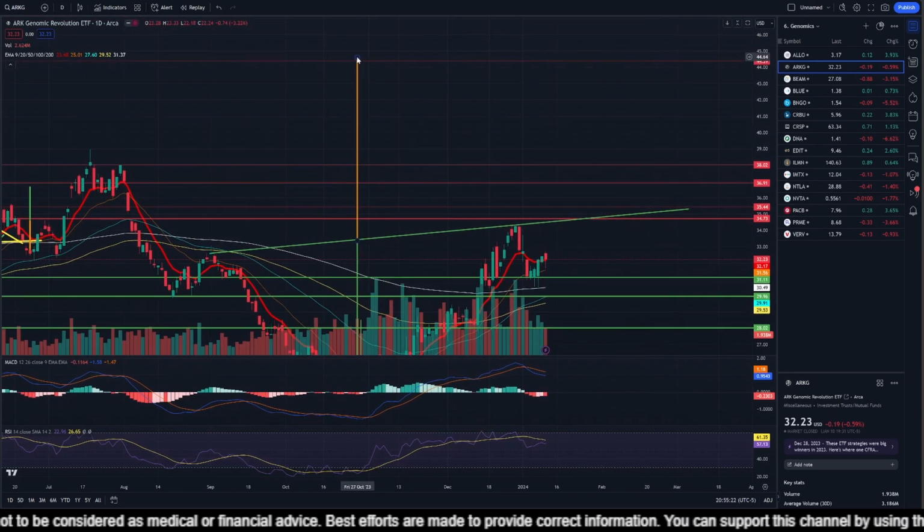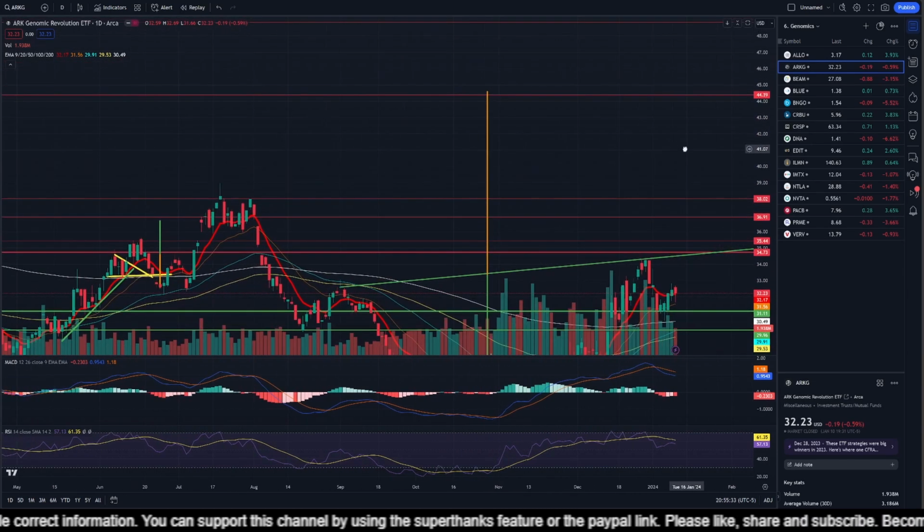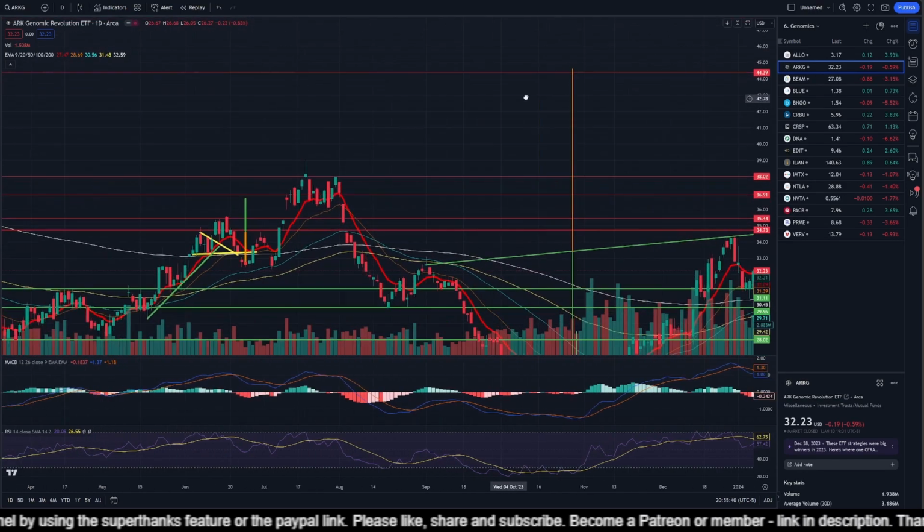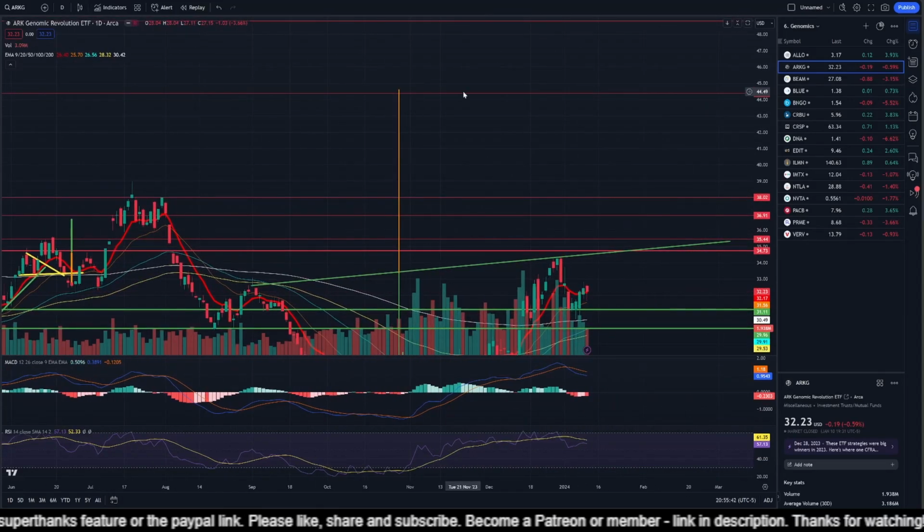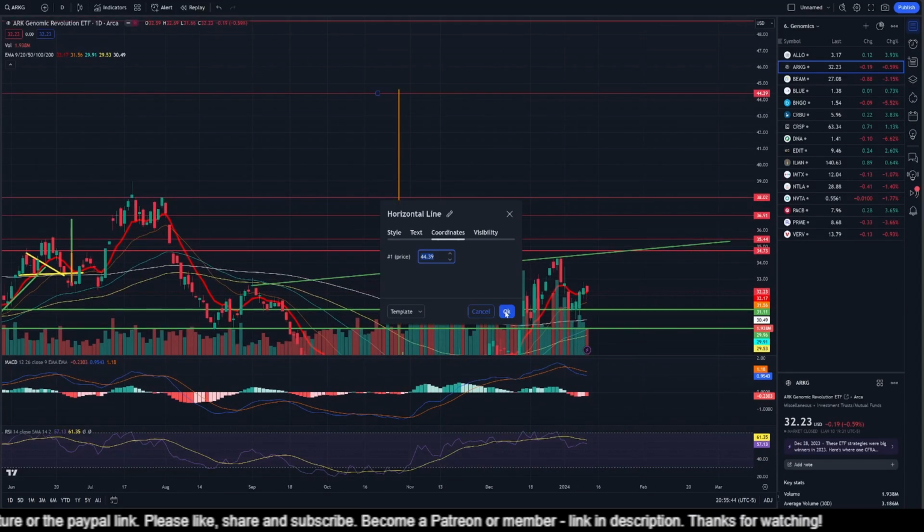That gives me a target for ARKG at around 44.39, and interestingly we also have a resistance line out there. Our target is just above 44.39. We are at 44.61, but there is already a resistance from the past that is sitting at around 44.39.